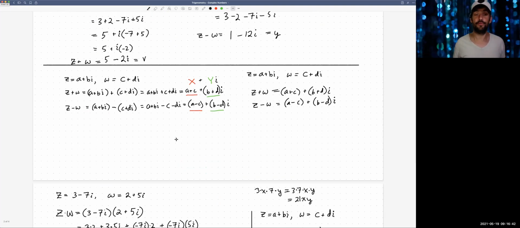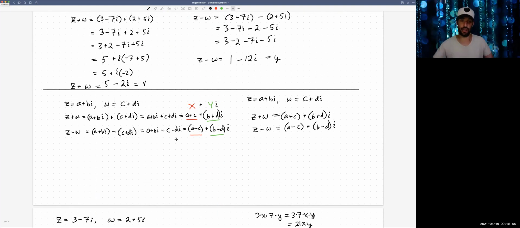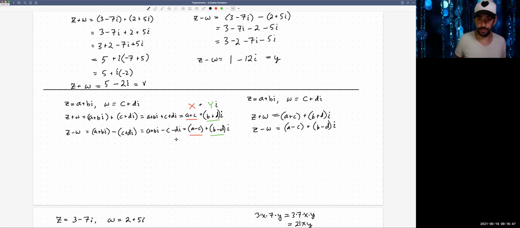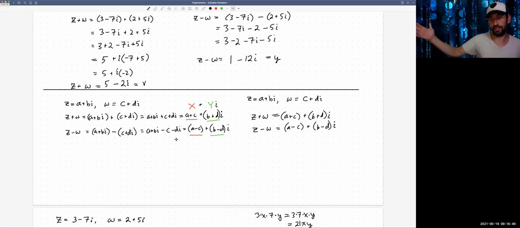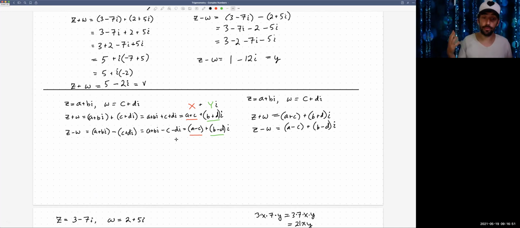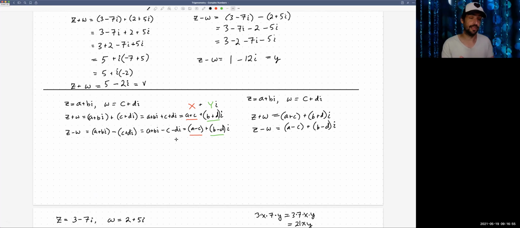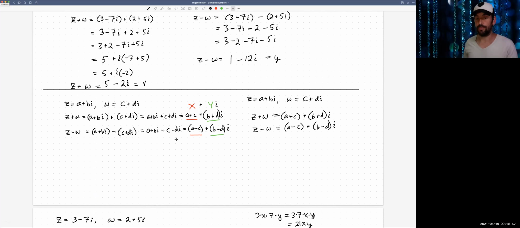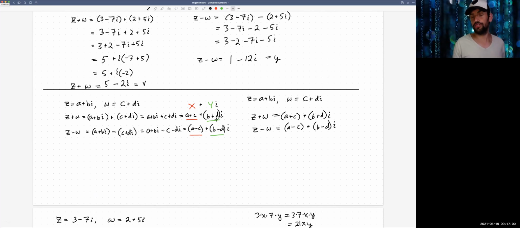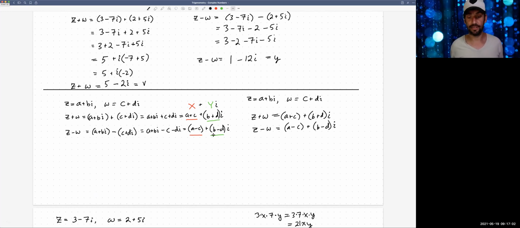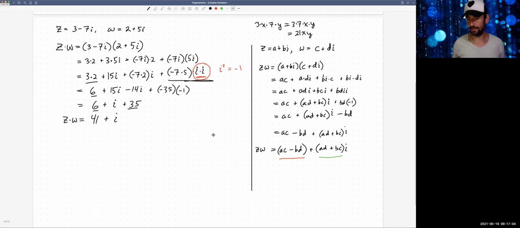So if we have these numbers, we want to add them together and get another one of those numbers, right? That's what happens when you add real numbers to themselves. You add 2 plus 3, you get 5, another number. We want to make sure that when we add our complex numbers together, we get another complex number, and when we subtract them, we get another complex number, right? This shows that that works. We did the same thing with multiplication.